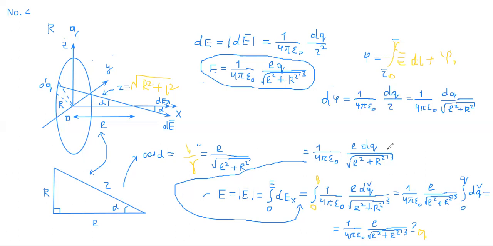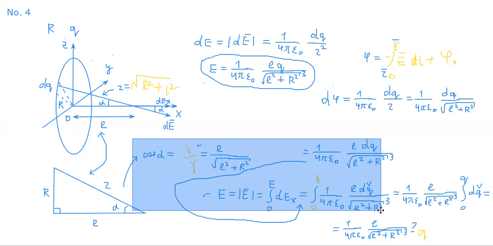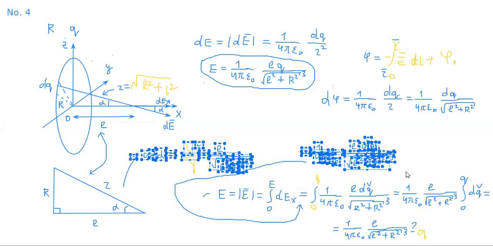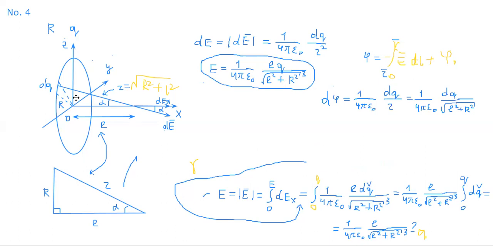Okay, do you have any questions? No questions. Okay, so if you don't have any questions, we can find electric potential on the axis of the ring.